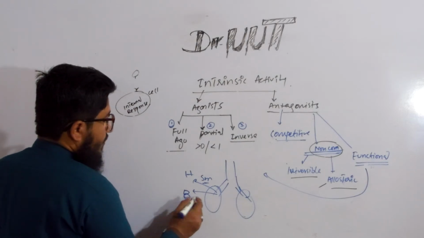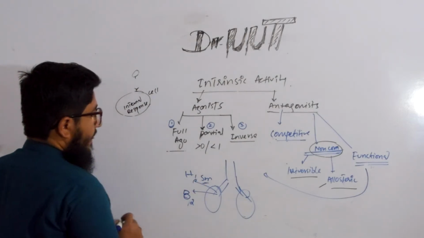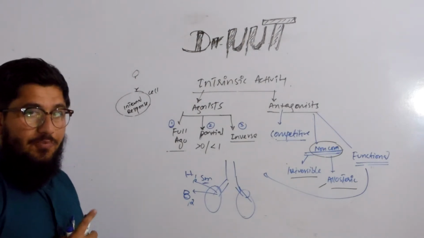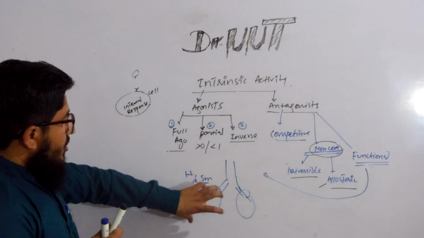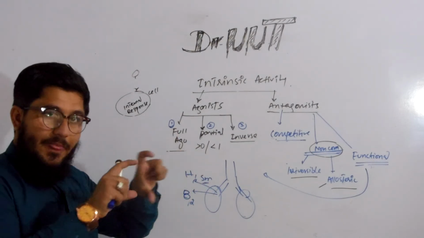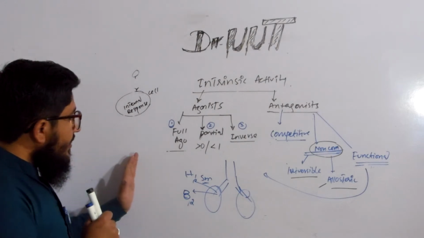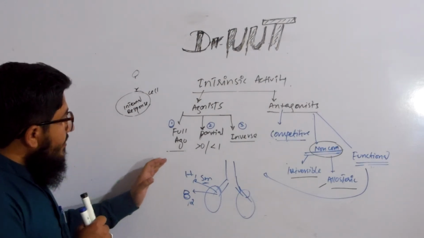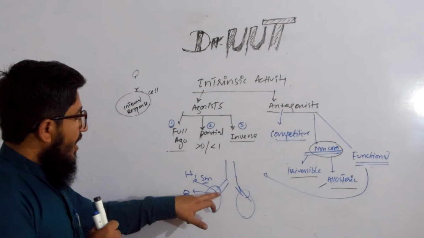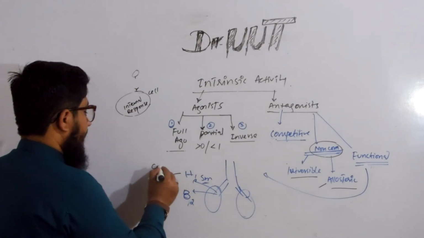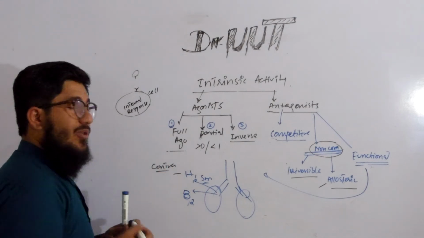The receptors are beta 2 and H1. H1 is for histamine and beta 2 is for epinephrine. Now here, smooth muscle is a single muscle. In the smooth muscles of the lungs, if histamine binds to the H1 receptor, it will cause the contraction of the smooth muscle.